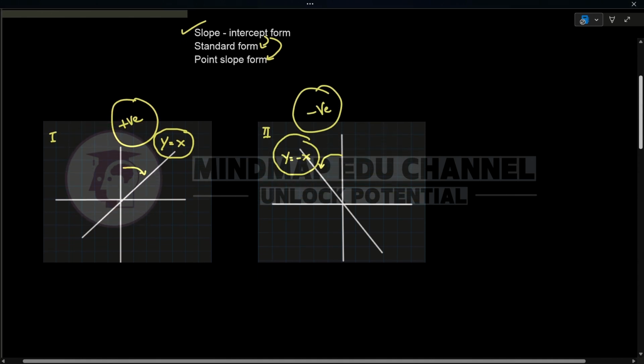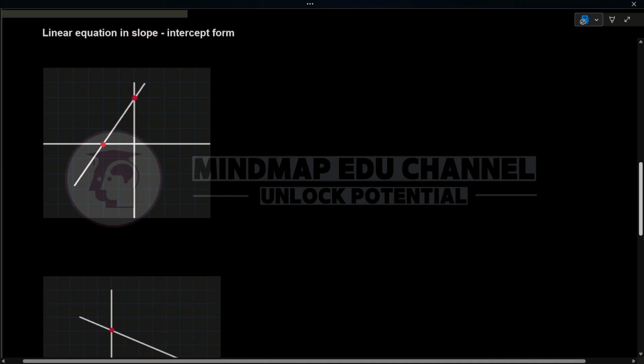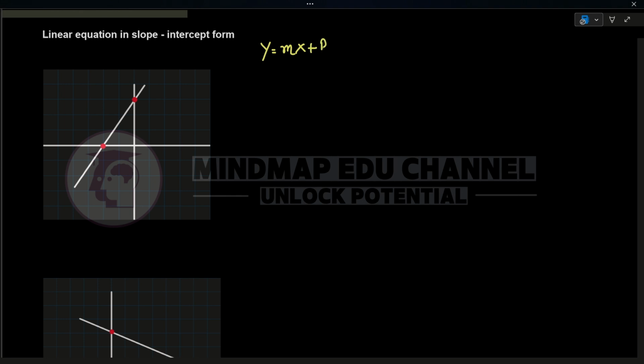Now let's get started. First we will learn how to write a linear equation in slope-intercept form. The general form is y equals mx plus b, where m gives the slope of the line and b is the y-intercept.